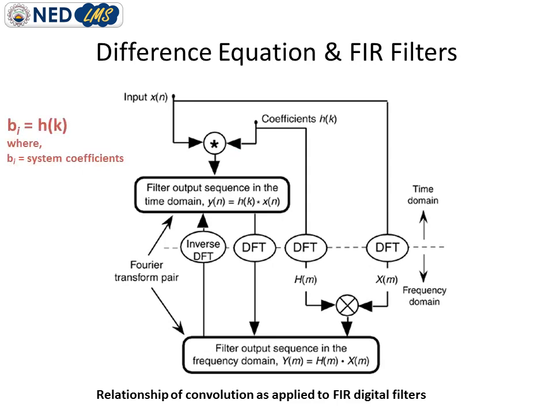In the previous slide, we learned that the filter coefficients can be extracted with the help of the impulse response in the time domain, and the relationship is again presented in this slide, that is bi is equal to h of k. So we are talking about FIR filters, and for FIR filters it is true to extract the coefficients with the help of the impulse response.